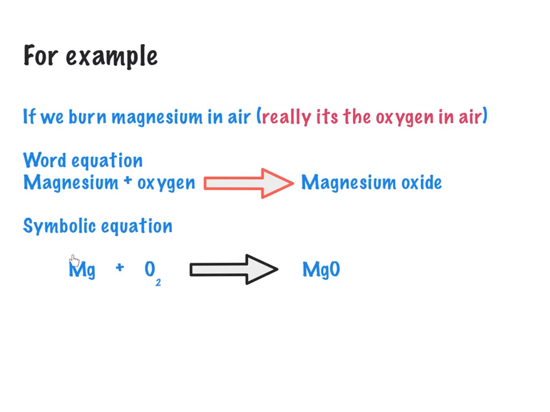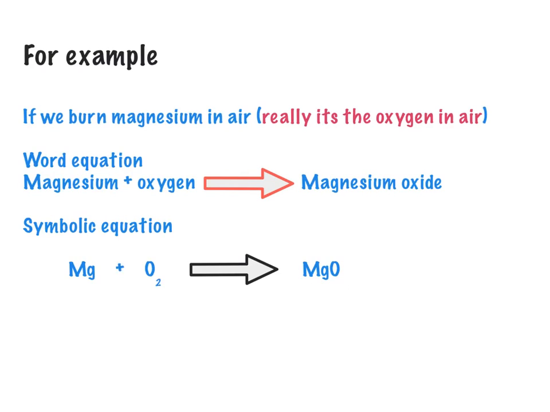Now we know that Mg is magnesium. It's straight from the periodic table. We know that oxygen gas in the air is O2. It's not O, it's O2. And we also know that magnesium oxide is MgO.